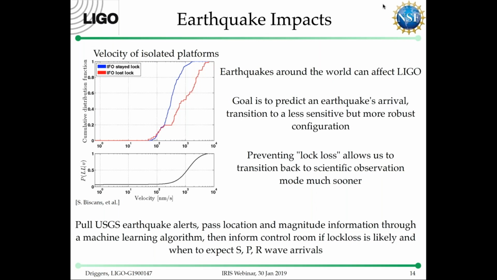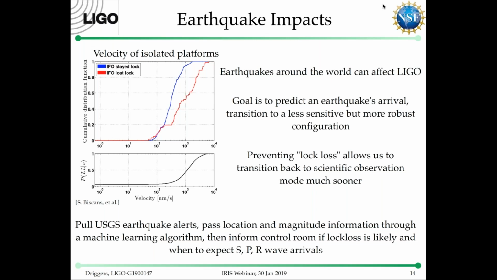Usually we operate all of our control systems, including our seismic isolation platforms, in a very, very high sensitivity state, but that has a limited actuation range. So if the ground is going to move with too much velocity at some set of frequencies, we don't have the actuation range to hold the table still, no matter what the ground is doing.